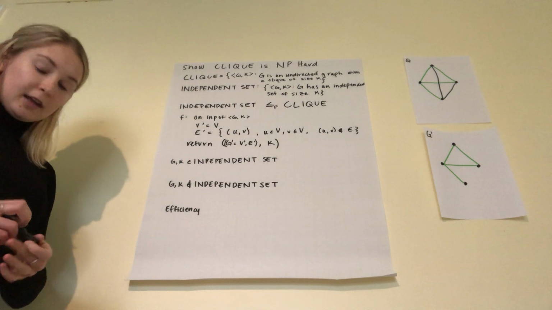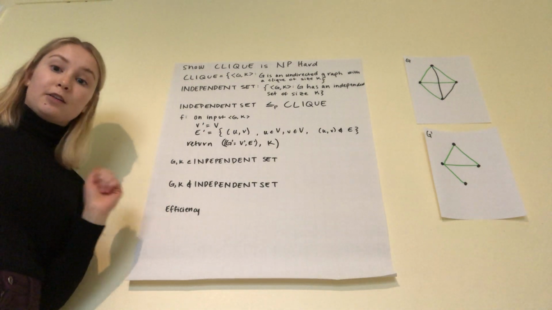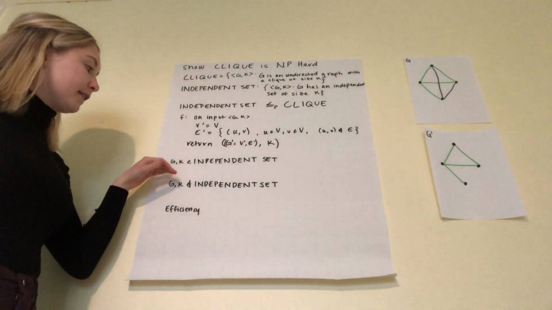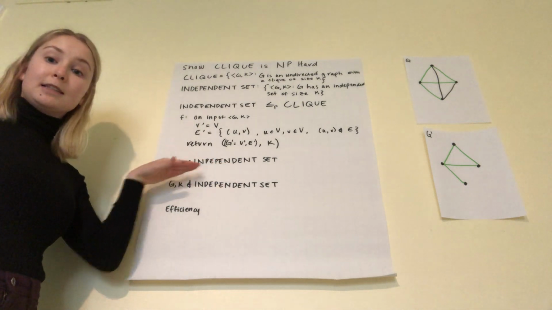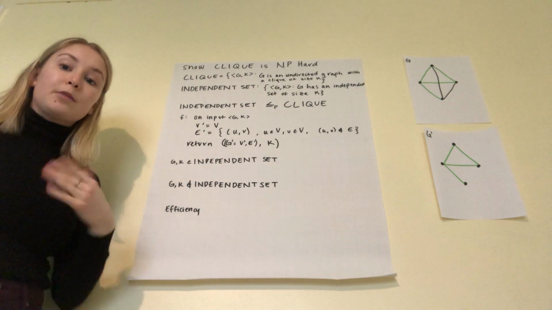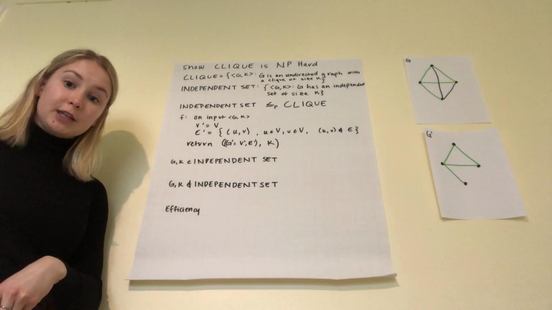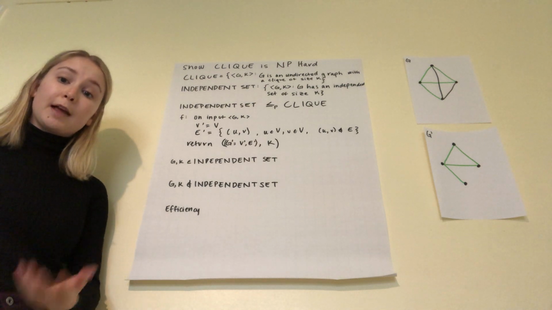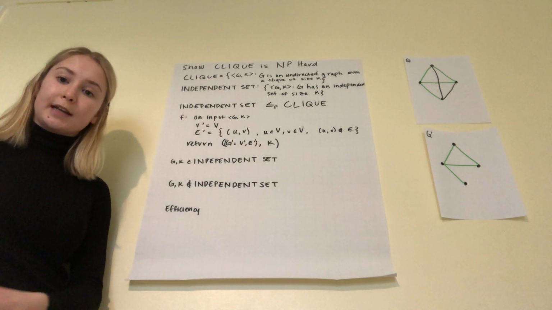And so, now that we've constructed our function, we want to do an analysis of whether or not this works as intended. We can see that if a graph has an independent set of size K, then we know that there will be at least K vertices that share no edges. And so when we construct our G prime, we will have at least K vertices that are all connected.